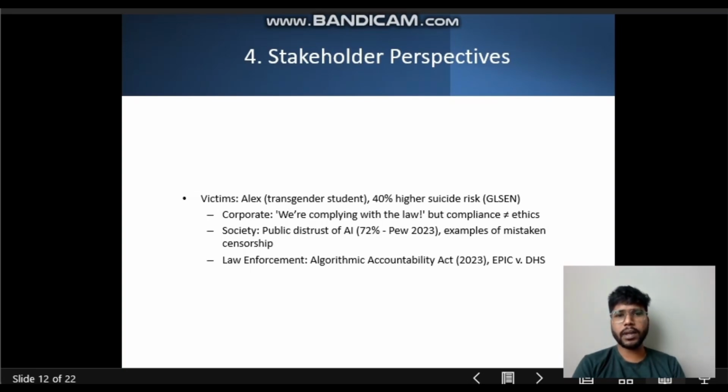So Blocker Plus's overblocking could be seen as a similar violation, especially if it disproportionately targeted groups. On the other hand, legal frameworks are catching up. Proposed laws like the Algorithmic Accountability Act, released in 2023, aim to hold companies accountable for biased algorithms. These laws require transparency, accountability, and fairness, values that Blocker Plus ignored at every turn.